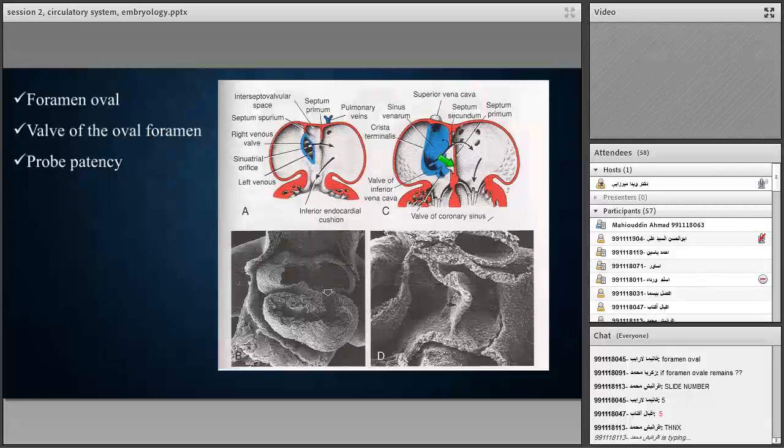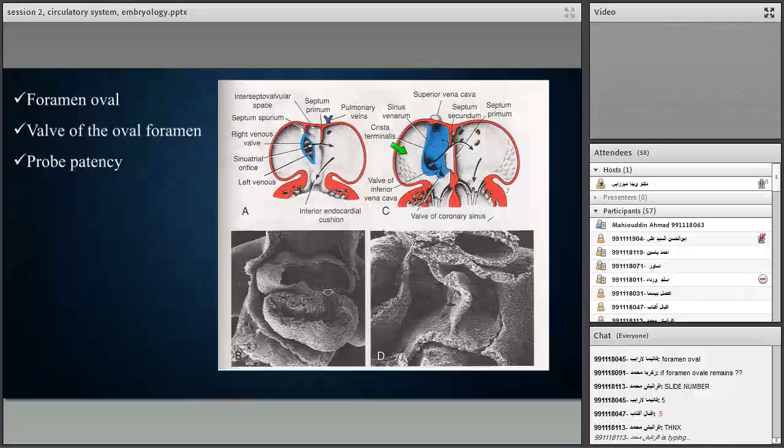So, in the embryonic development period, the blood is passing through the foramen ovale and entering the left atrium from the right atrium.